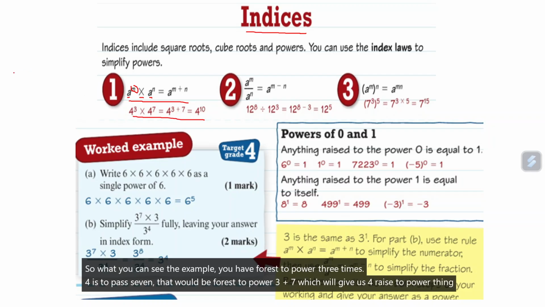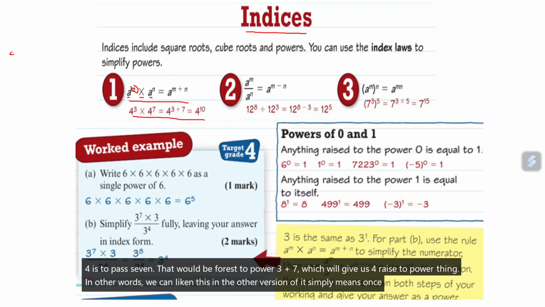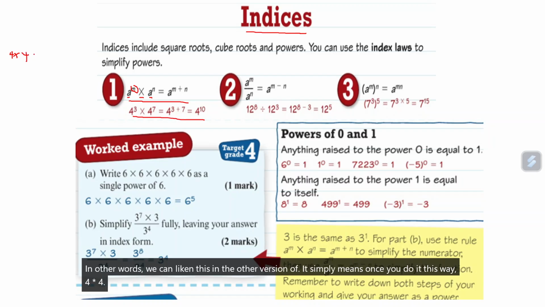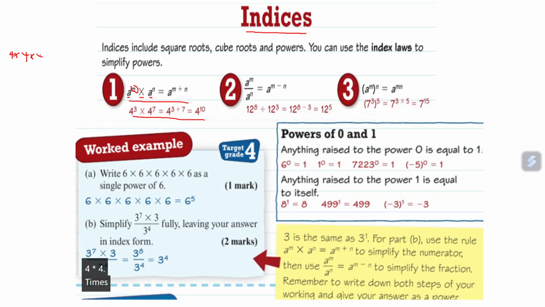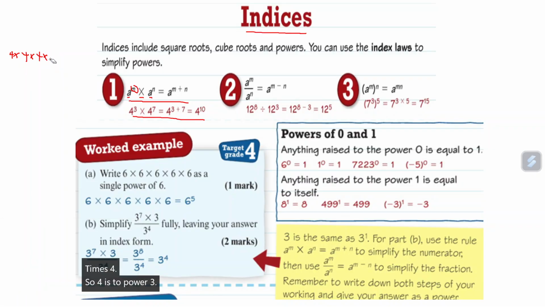In other words, we can liken this to the other version of it. 4 raised to power 3 can be written as 4 times 4 times 4.